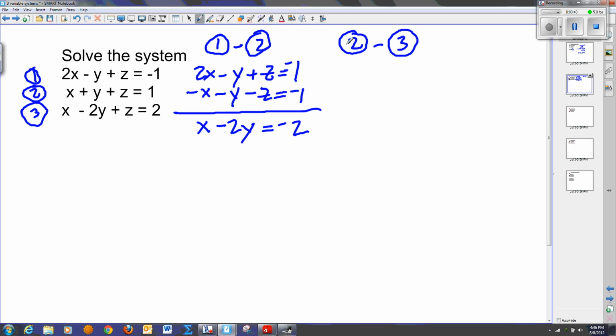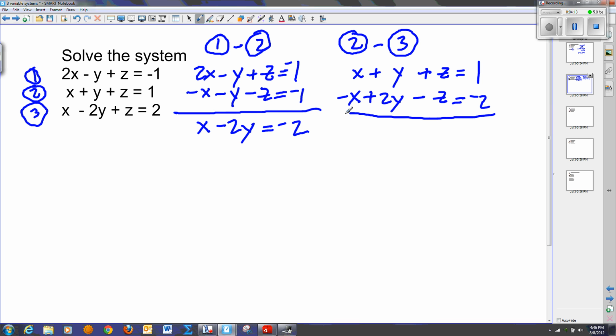So if I take 2 and subtract 3 from it, I get x plus y plus z equaling 1. And now I want to take and subtract equation 3 from that, which means, again, taking the opposite of every term. So that's negative x, positive 2y, and negative z. It's all equal to negative 2.